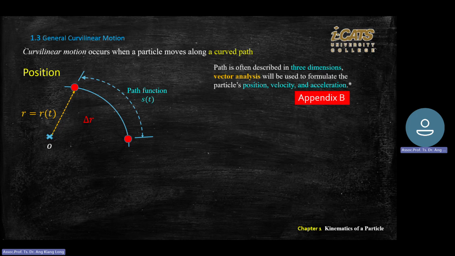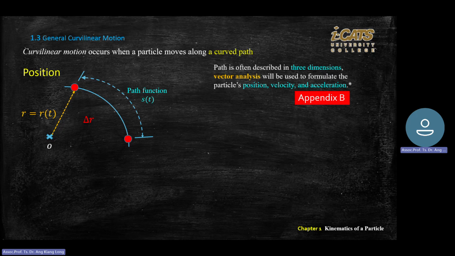So for curvilinear motion, we always start with the first position, the second position, then mark the center of the curve. How do you know where the center of the circle is? It always goes inside the curve, not outside.